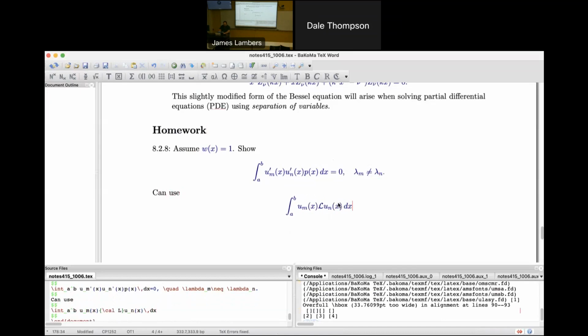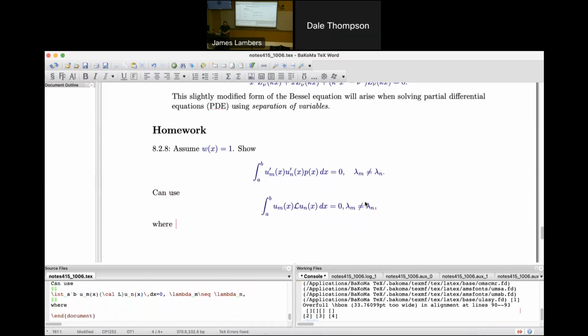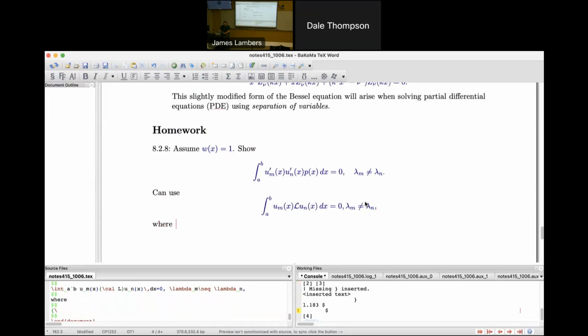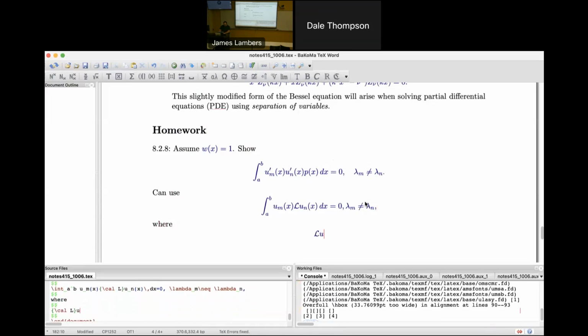There's no weight function present, and this is equal to 0 for distinct eigenvalues, where the operator in question is the operator from the problem.